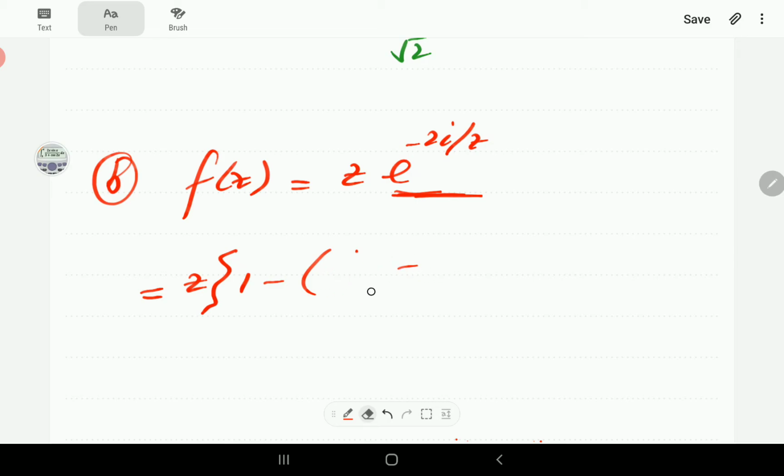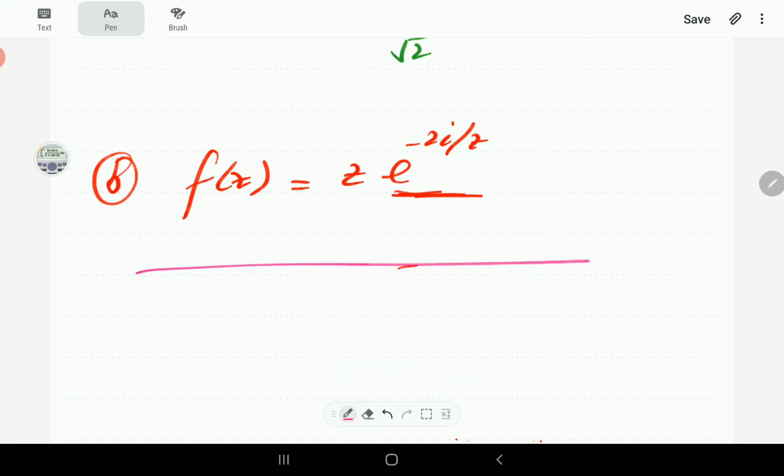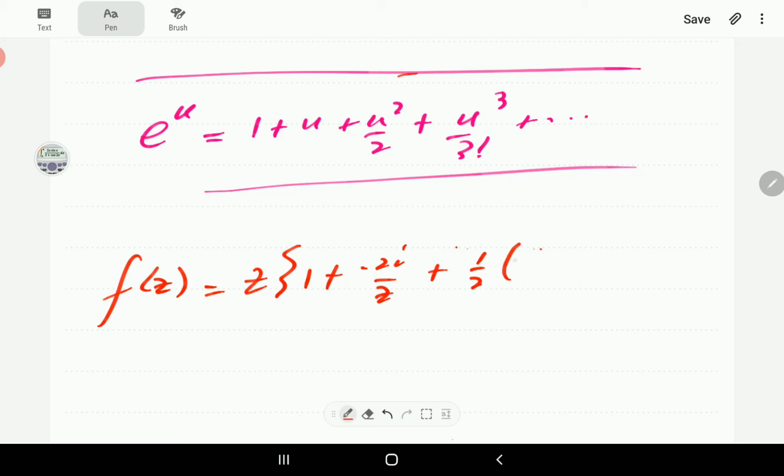So basically what we're going to be using is the result e to the u is 1 plus u plus u squared over 2 factorial, u cubed over 3 factorial, etc. So that means our f of z is going to be z into 1 plus negative 2i over z plus 1/2 negative 2i over z squared plus 1 over 3 factorial negative 2i over z cubed, etc.